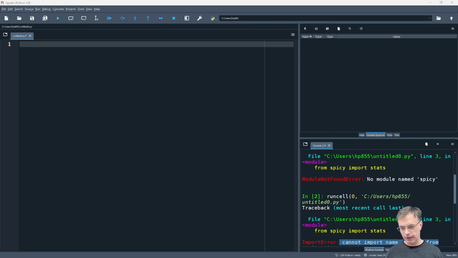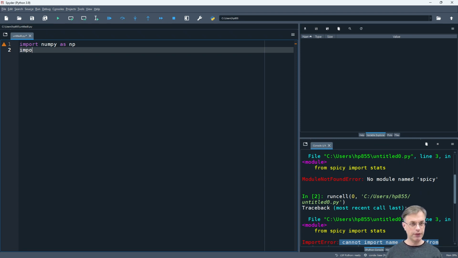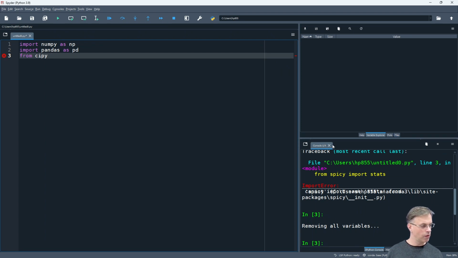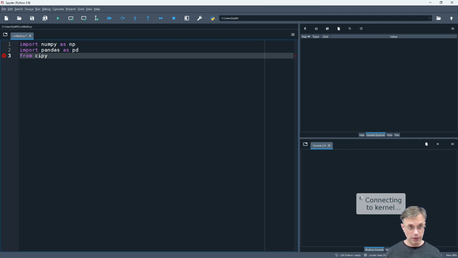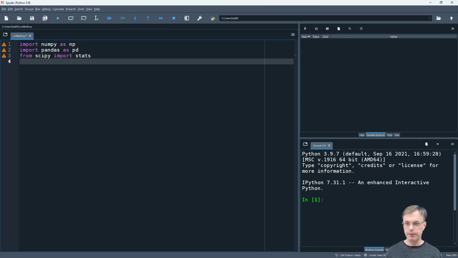Import numpy as np, import pandas as pd, and from scipy import stats, and from scipy.stats import poisson.